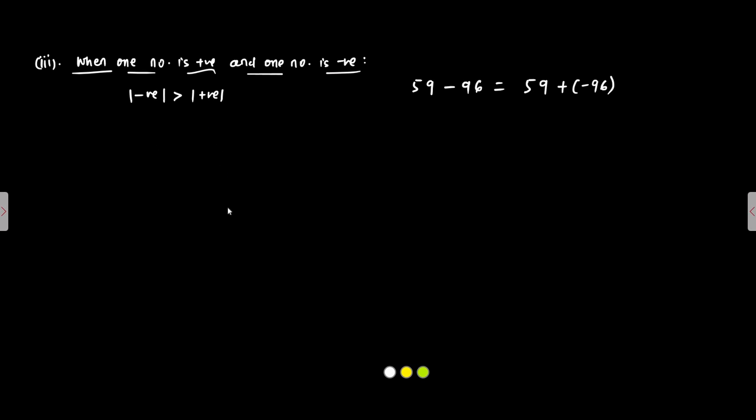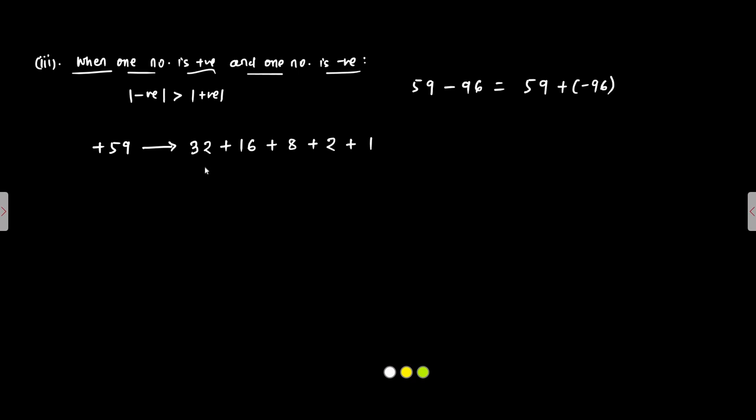So here first is plus 59. Splitting it into the respective powers of 2, we have 32 plus 16, which is 48, plus 8, which is 56, plus 2, which is 58, plus 1, which is 59.